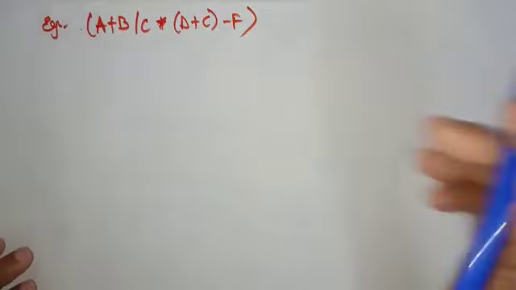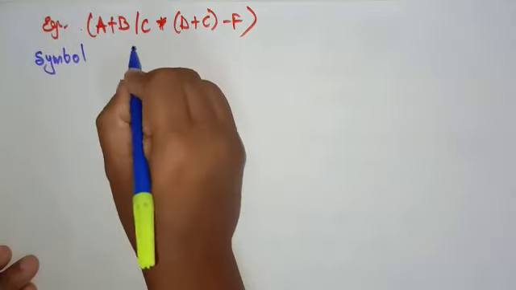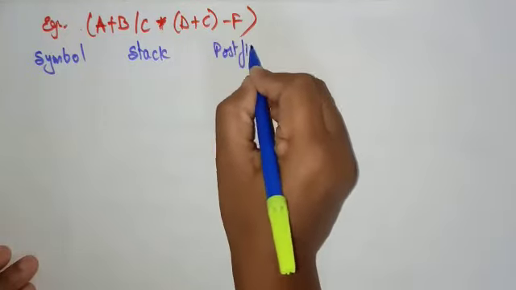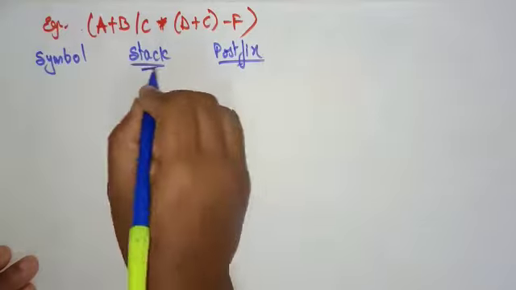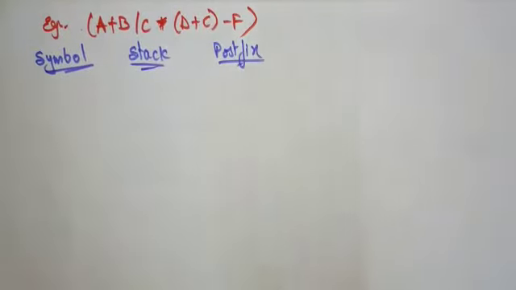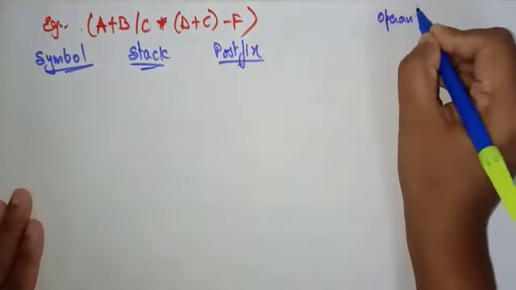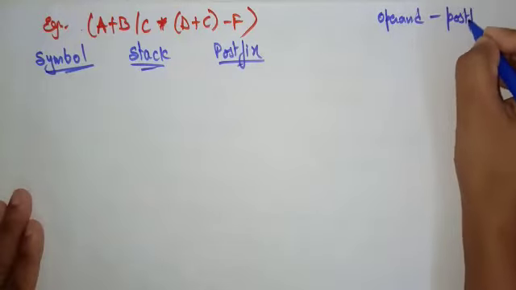So now let's take symbol and stack. Let me take the postfix expression. Whatever we are writing here will be our answer after conversion to postfix. Before starting, I want to be clear: if operands come while you are scanning from left to right, operands are placed on the postfix.